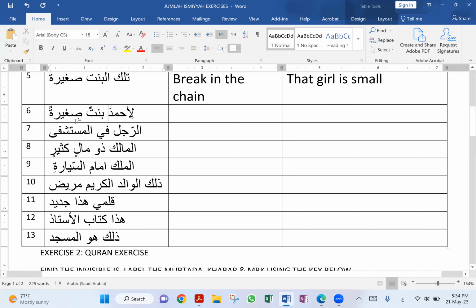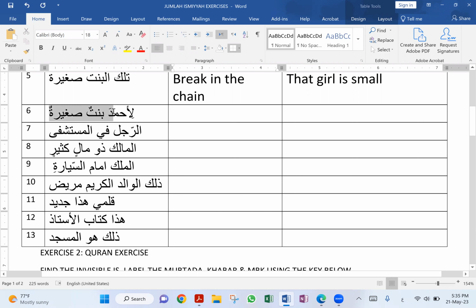Okay, so we have Li Ahmada bintun saghiratun. What do you think is happening here? Harf jar plus ism. Okay, it's a sentence with Jumlah Ismiyyah, which would come as Ahmad has a small daughter.